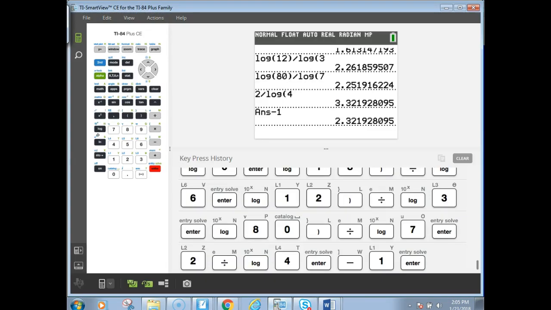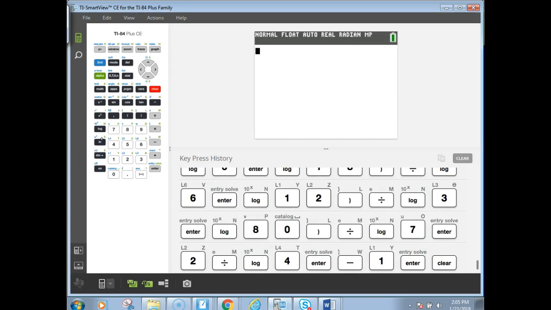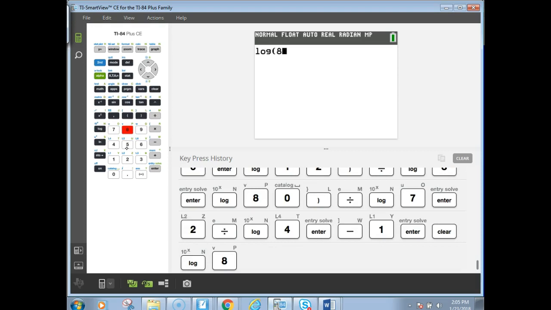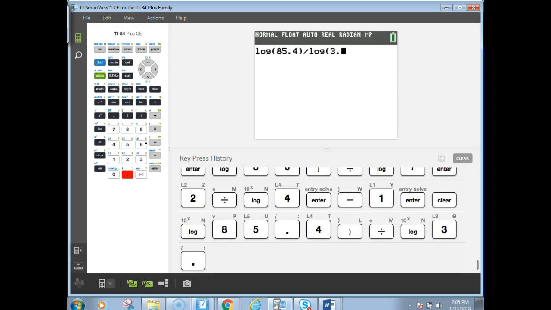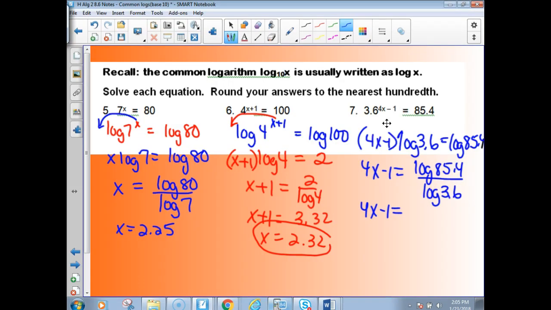So log 85.4, I'm going to clear this out. Log 85.4 parentheses divided by log of, was it 3.6? Makes it a little faster if I can verify that. Okay, look over my notes. I got 3.472.